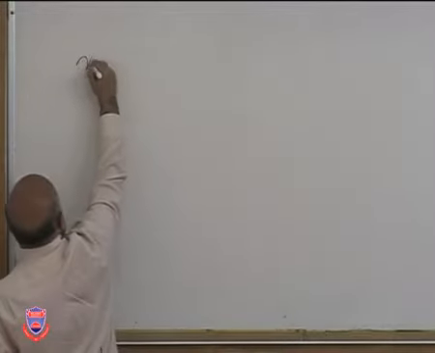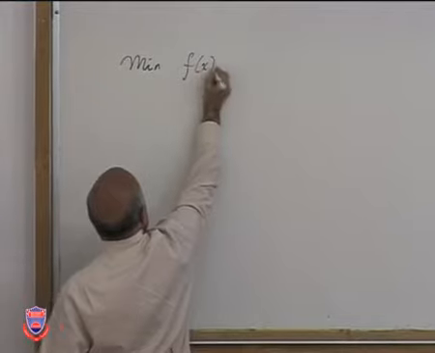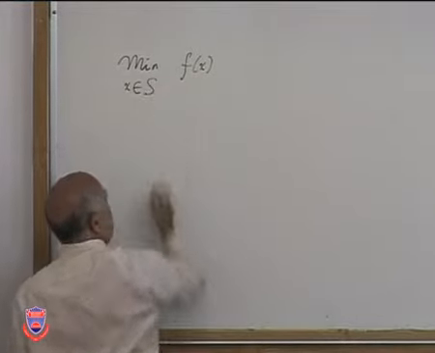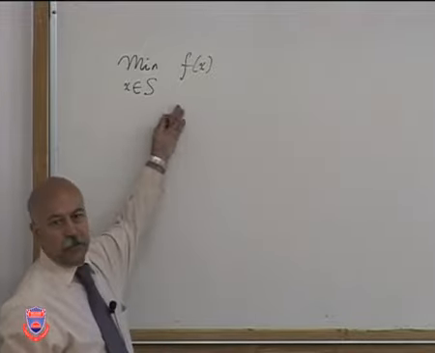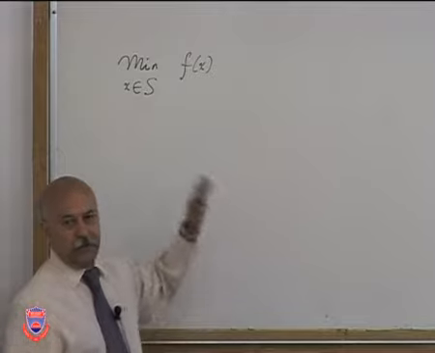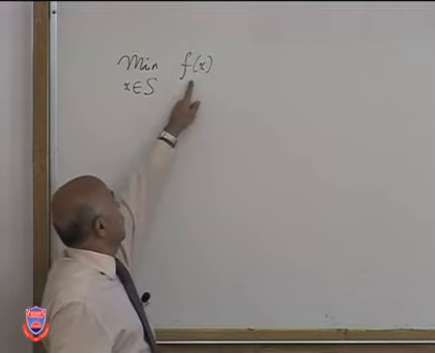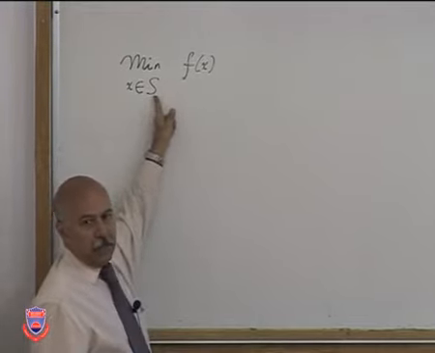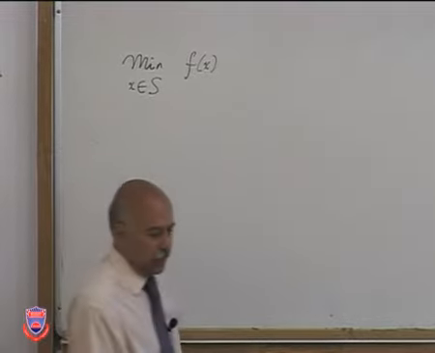Suppose you have some kind of a single objective problem, such as minimize f of x, x in some feasible set, say S. Now, this could be a linear program, integer program, or a network location problem, or anything. You're trying to minimize a single objective function in some feasible set S. The feasibility could be defined in various different ways.